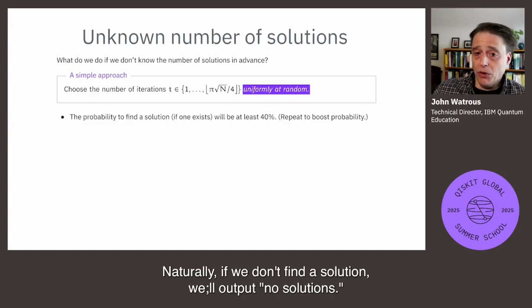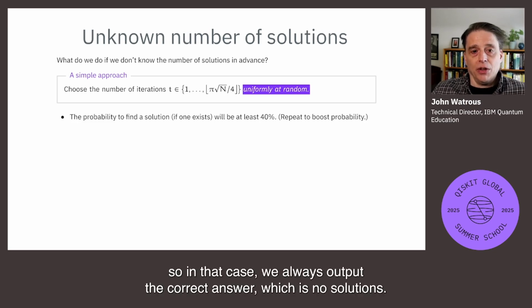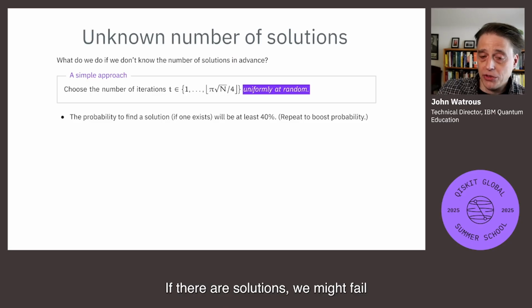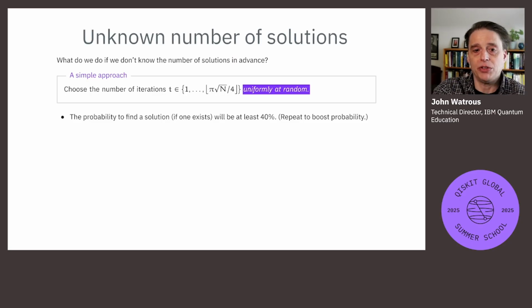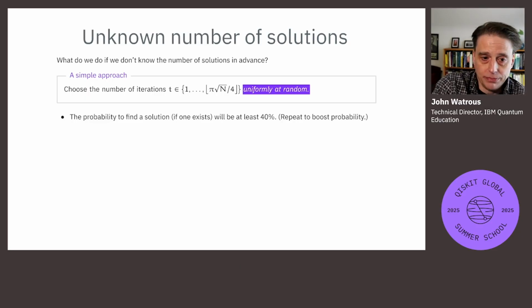Naturally, if we don't find a solution, we'll output no solutions. And if there aren't any solutions, we won't find any solutions. So in that case, we always output the correct answer, which is no solutions. If there are solutions, we might fail to find one and incorrectly declare that there are no solutions, but the probability of that happening can be made very, very small.